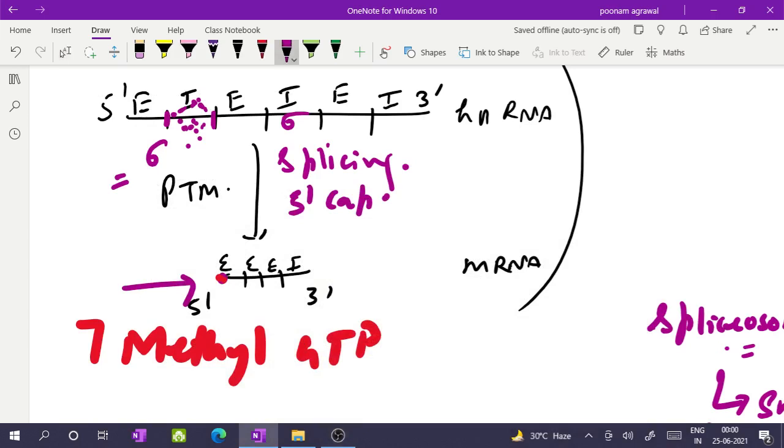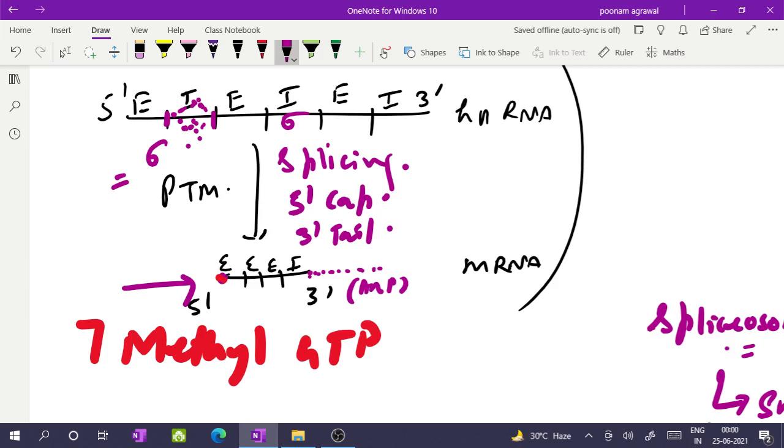The third modification which takes place on hnRNA is tailing at the 3' end, where the poly A tail is attached. After the transcription is complete, a number of AMP residues are added at the 3' end, and this is called the poly A tail. For adding this tail, we need an enzyme called polyadenylate polymerase.